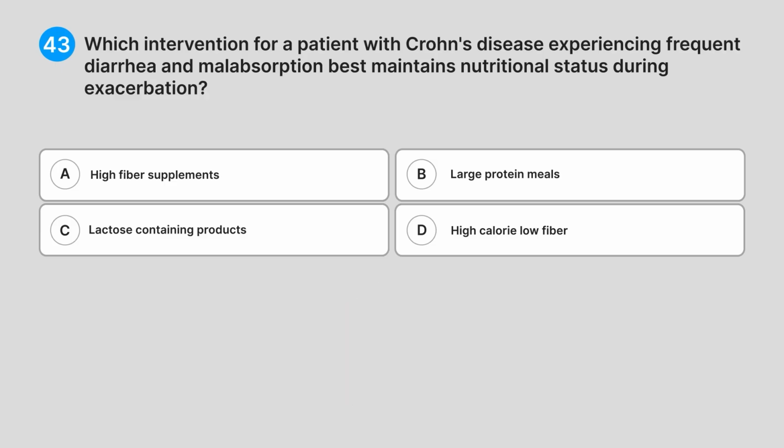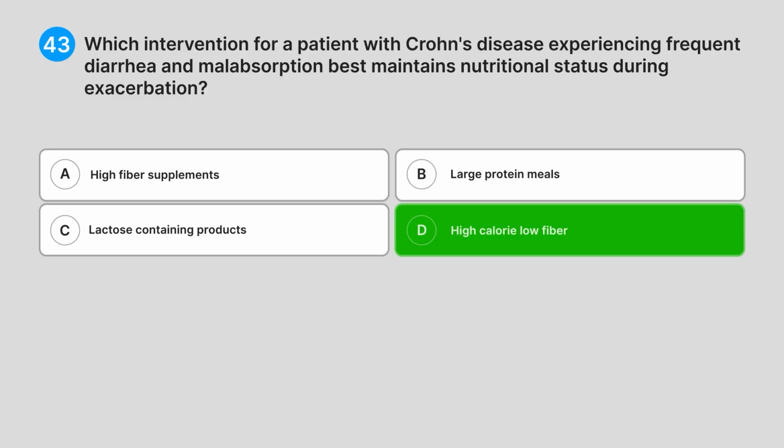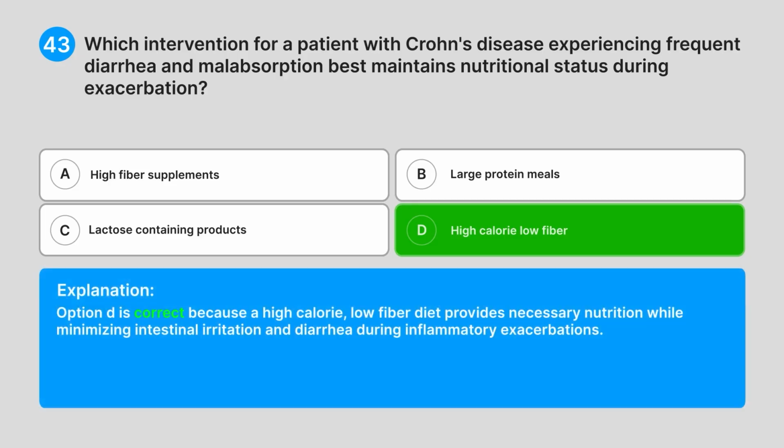Correct answer. D. High calorie, low fibre. Explanation. Option D is correct because a high calorie, low-fiber diet provides necessary nutrition while minimizing intestinal irritation and diarrhea during inflammatory exacerbations.